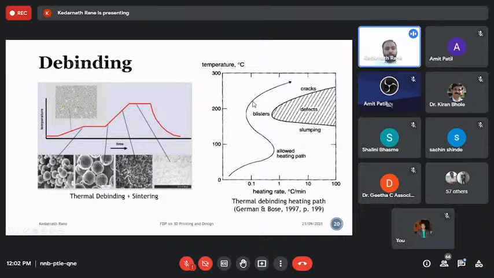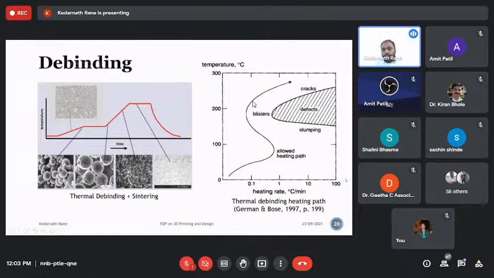So many times it is processed in different furnaces. That's why I termed it as cooling. But if it is an integrated process, debinding and sintering, you can have only a heating process. So you can see this is a typical heating rate which we need to consider for removing all the binder constituents without any defects.